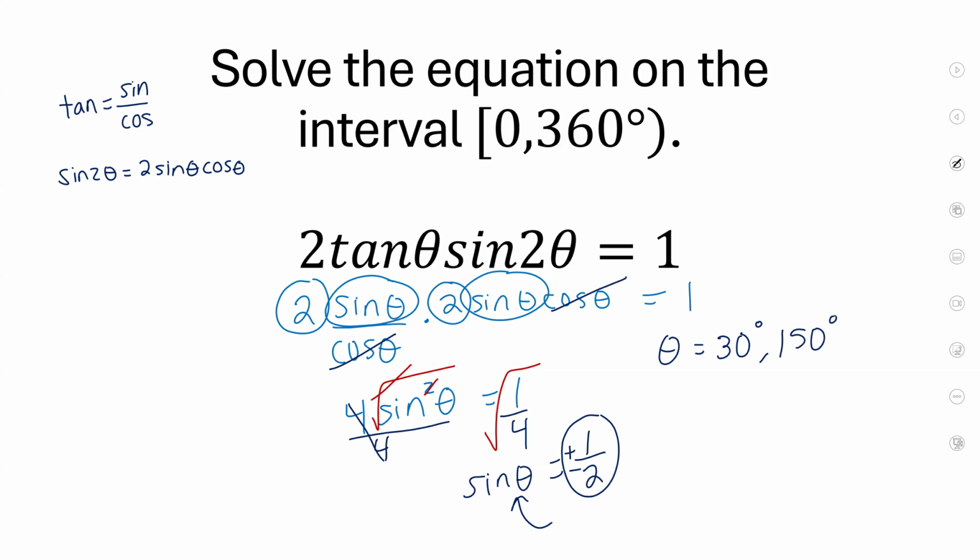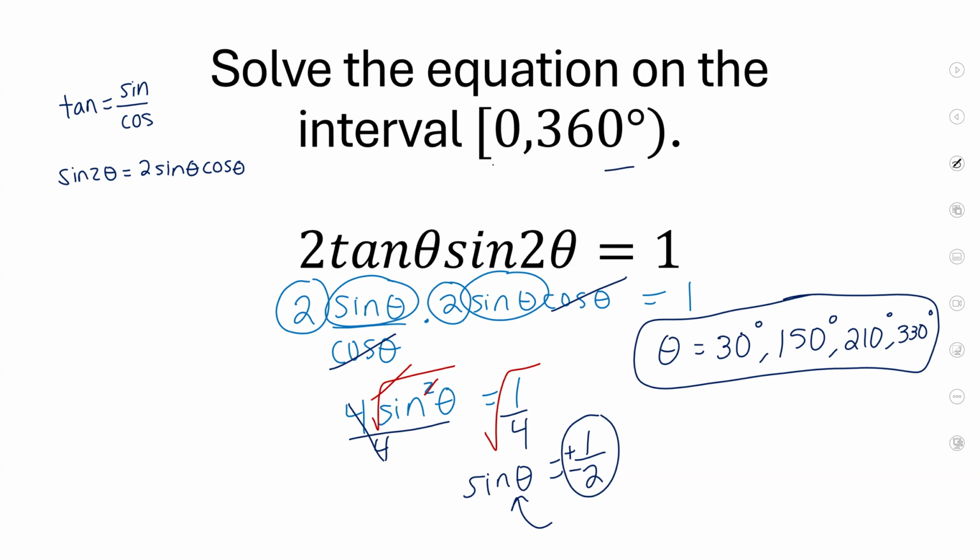And we also have -1/2, so what else? Yep, 210 and 330. So yep, those are my degrees that will give you plus or minus 1/2 if you plug it into sine. So those are my answer choices. And all of these degrees are within the interval. They're within 0 and 360.